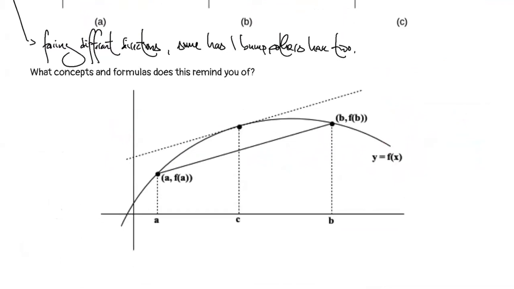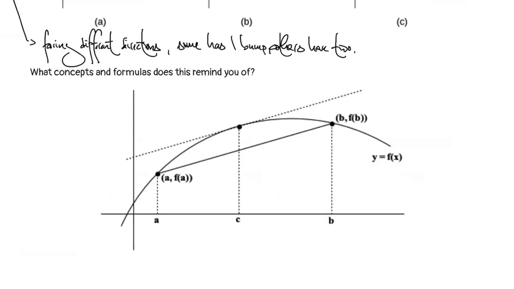But what concepts or formulas does this particular graph remind you of? Something that we learned, I forget which week it was, week 1, week 2. All right, average rate of change, instantaneous rate of change, yeah.